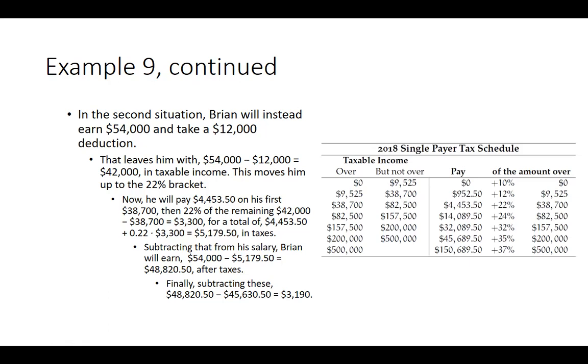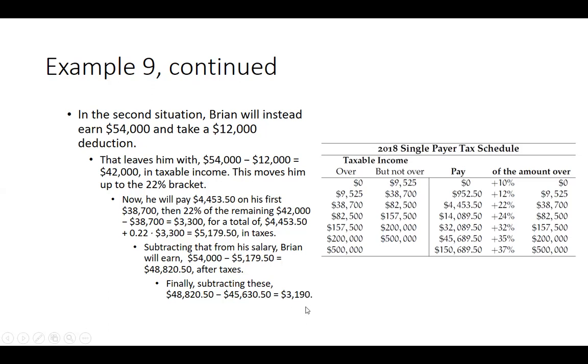Subtracting that from his salary, Brian will earn $54,000 minus $5,179.50, or $48,820.50 after taxes. So subtracting the two situations, we get that after the raise and after taxes are taken into account, Brian has made an extra $3,190.